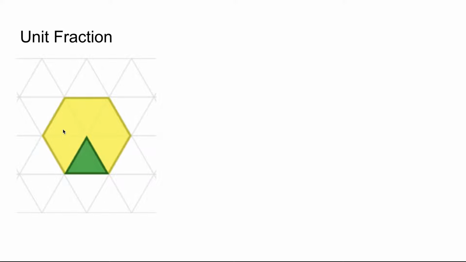So this yellow part counts 1, 2, 3, 4, 5 of 1/6. So the yellow part is 5/6. We counted by the sixth. So the unit here is 1/6. We call that a unit fraction.